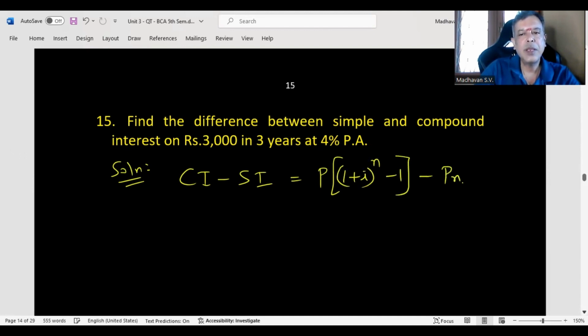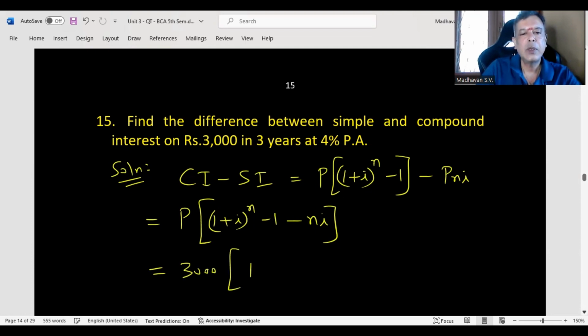Simple interest is P into N into I, which means I can take P outside in both: minus N into I. On rupees 3,000, which means our principal is 3,000. 1 plus interest rate is given as 4%, so 0.04, to the power of N. N is 3 years here, minus 1, minus N, again 3 into I, which is 0.04.